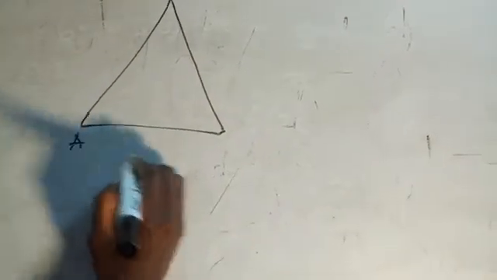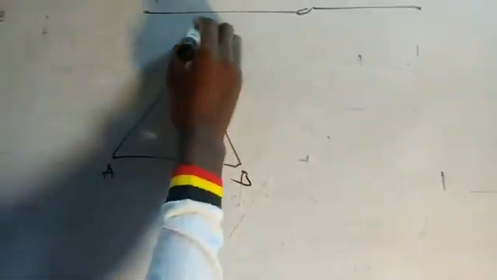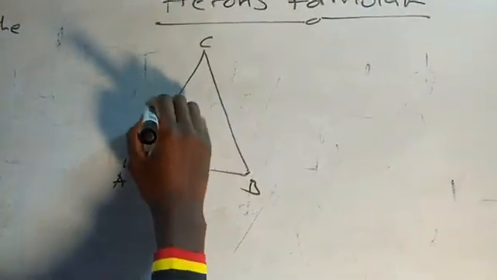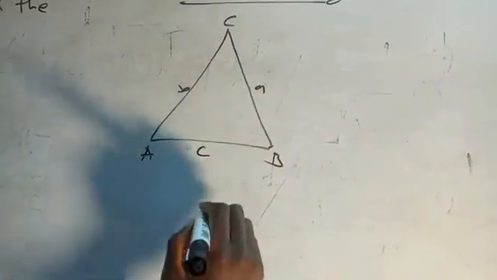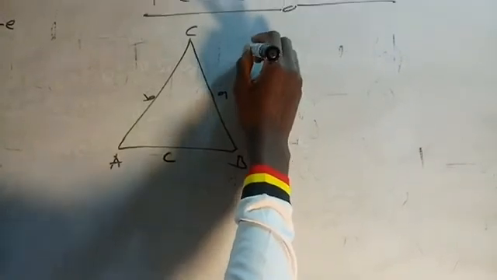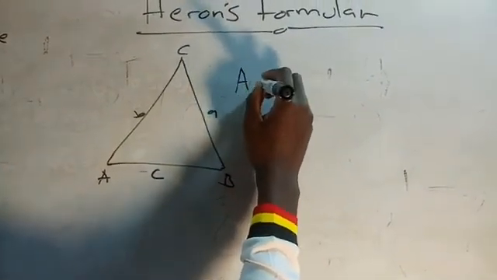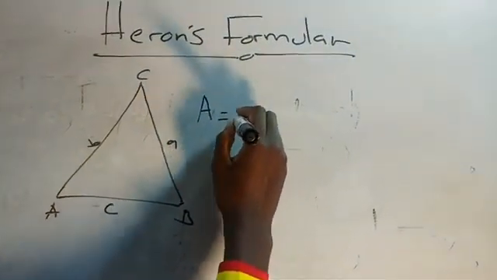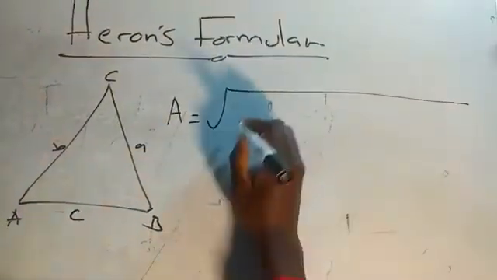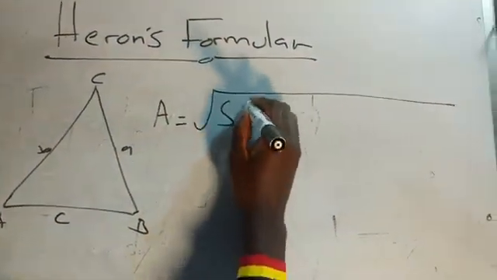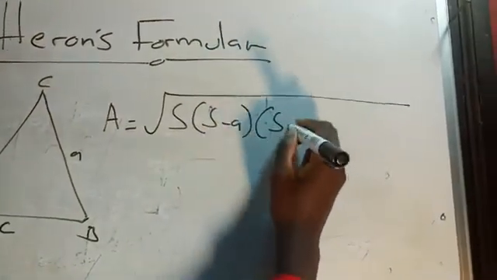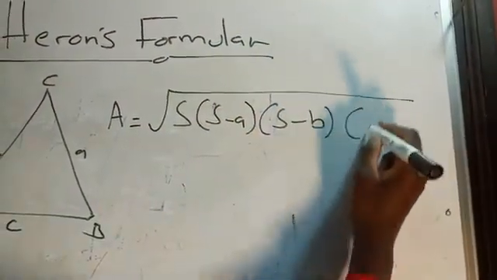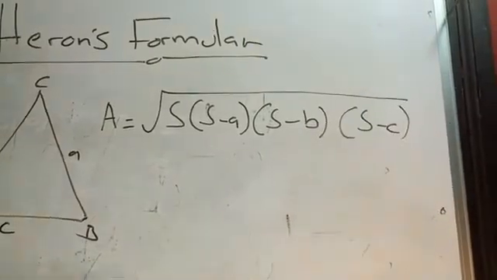This one becoming A, this one B, C. So this one will reflect B, this one will reflect A, and this one C. It states that the area of a triangle equals root S into brackets S minus A into brackets S minus B into brackets S minus C.